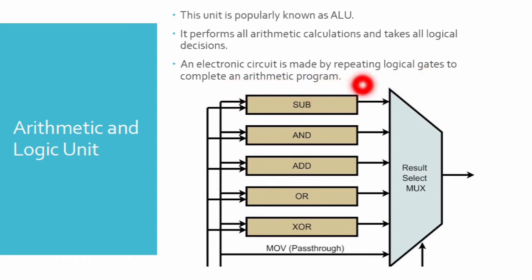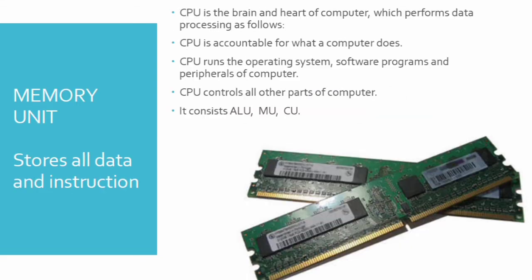Logical gates are the gates which allow passage for the exchange of data and information. In our previous video we studied about the gates in the chapter Internet, that these are the passage for the connection of one network to another. Similarly they work in the ALU. Next is memory unit. It is clear from the word that it stores data and instructions.